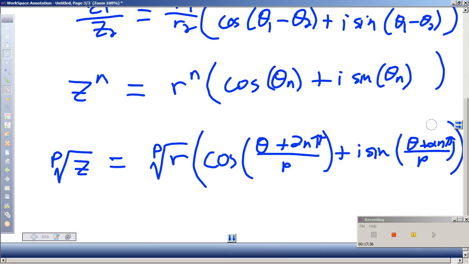Why do you think there's this 2 pi in here? You see the 2 pi here? Why do you think you have that 2 pi? Maybe have a guess.